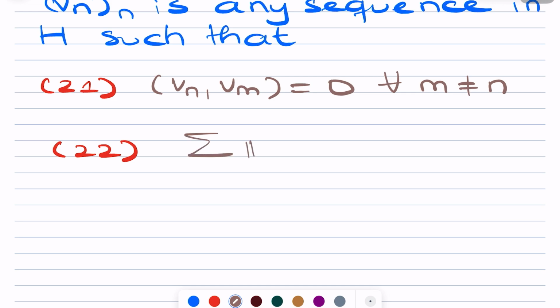The series is absolutely convergent. Moving from 1 to infinity, this is finite.